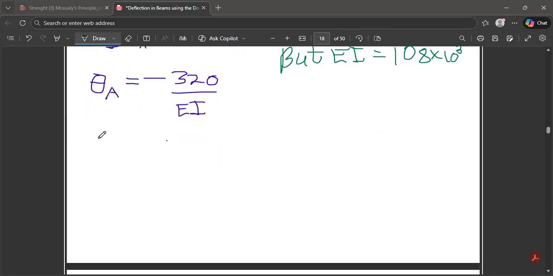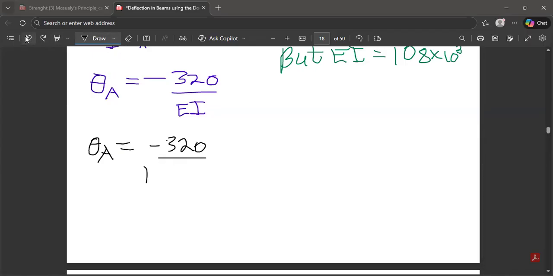If you do that, you are going to get your theta A, or your angle at A, to be minus 320 all over 108 times 10 exponent 3. So please let's quickly all point this together. Let's verify the answer. Minus 320 all over 108 times 10 exponent 3.